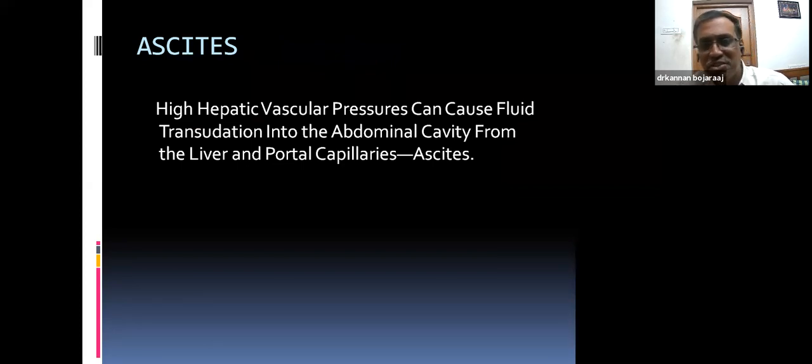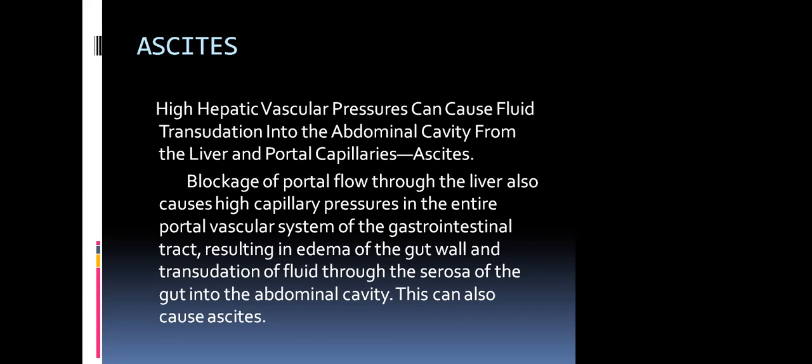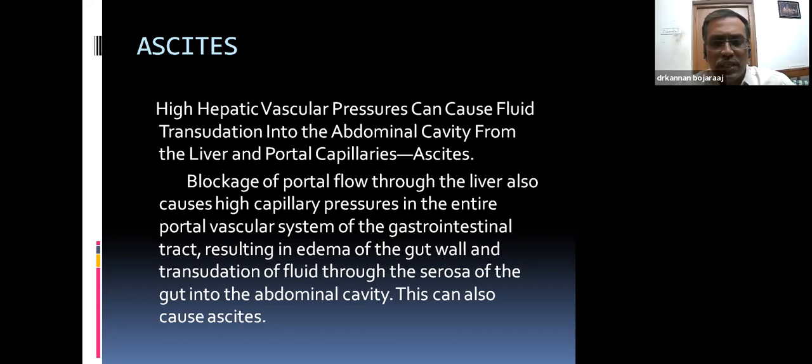In another way, there is a blockage of portal flow to the liver, which also causes high capillary pressure of the entire portal vascular system and GIT, resulting in edema of the gut and transmission of fluid from the gut into the abdominal cavity. That can also cause ascites.